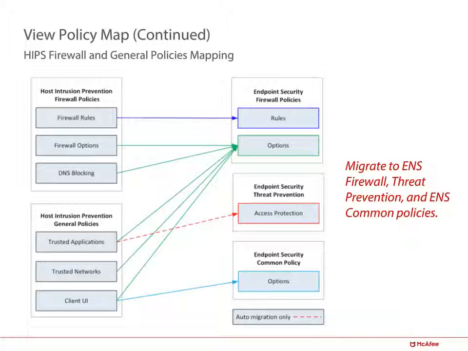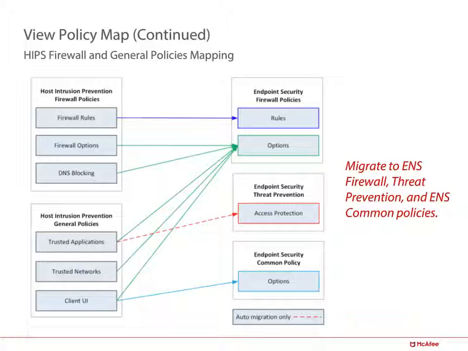To view the policy mapping for host intrusion prevention firewall and the general policies, as you see here, in the host intrusion prevention, all the firewall rules map directly to the rules policy. The firewall options and the DNS blocking are all going to be migrated over to the options policy.